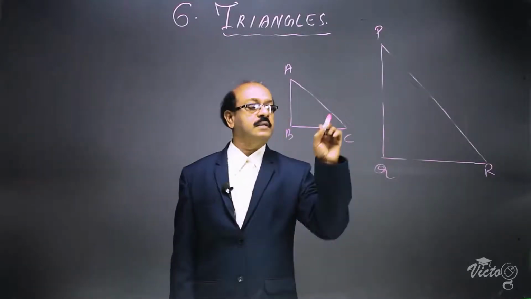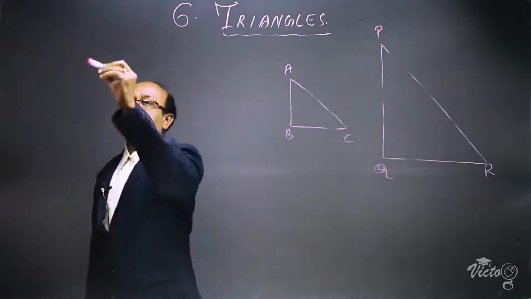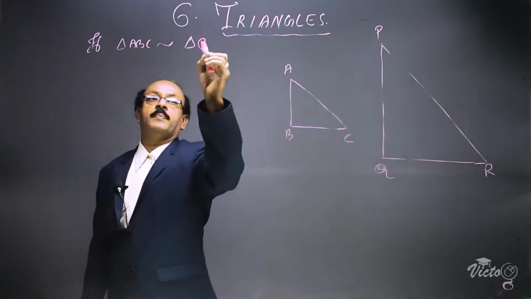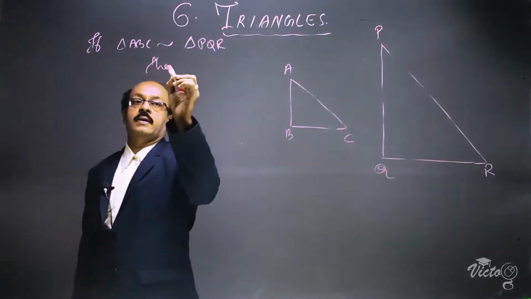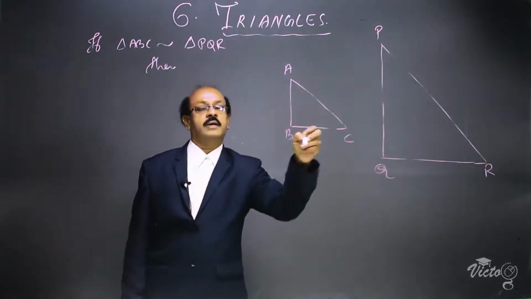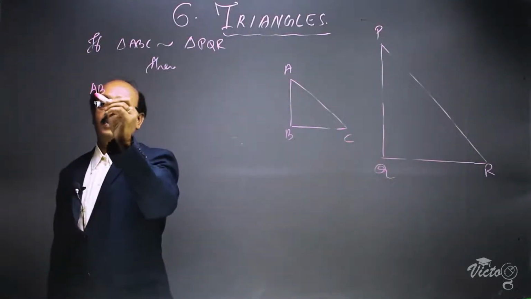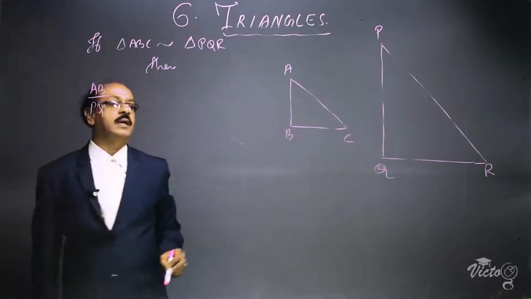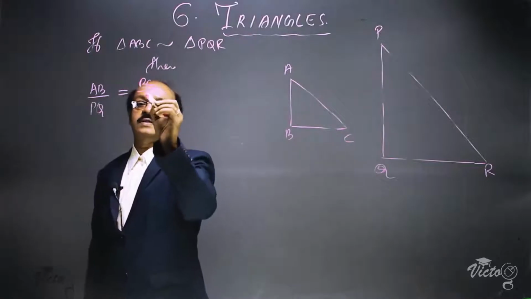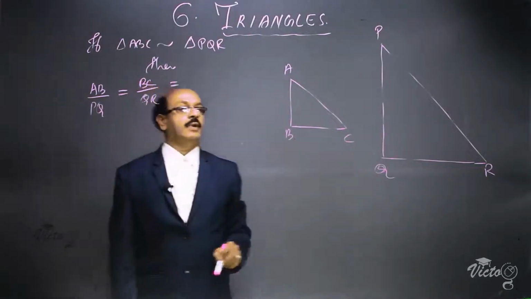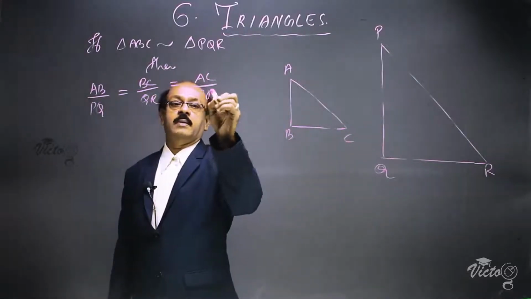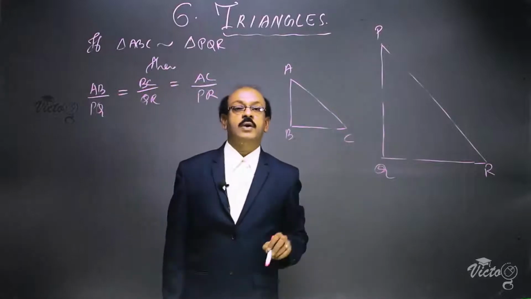AB divided by PQ will be equal to BC divided by QR, which will be equal to AC divided by PR. And angles will be of the same measure.